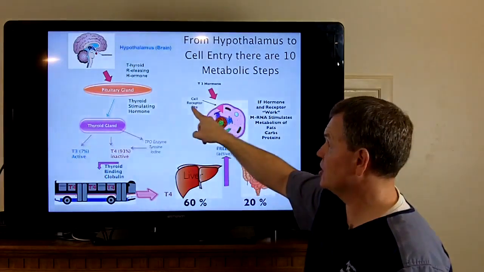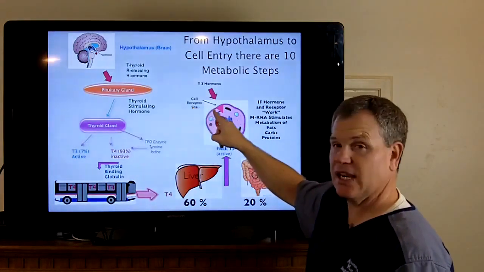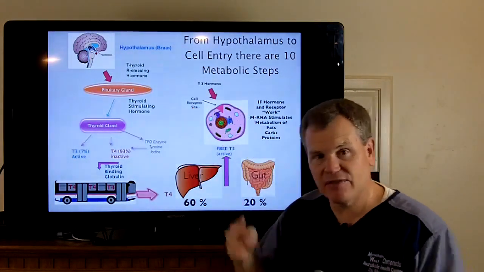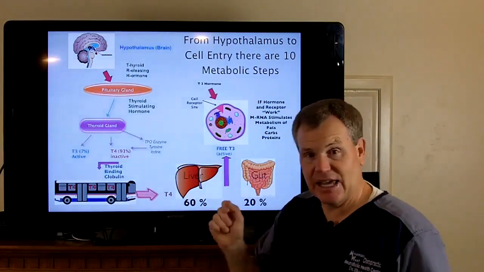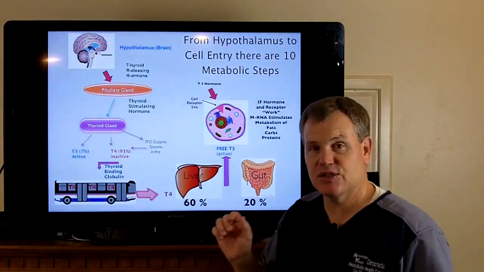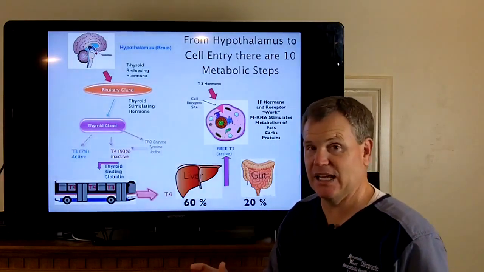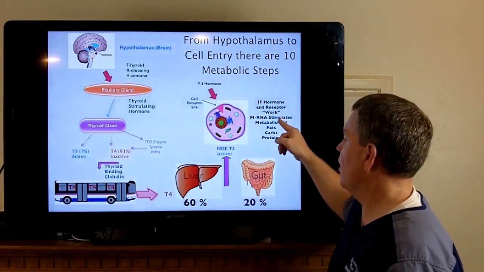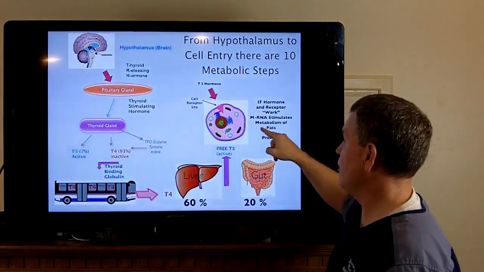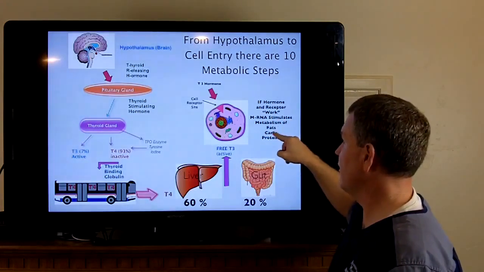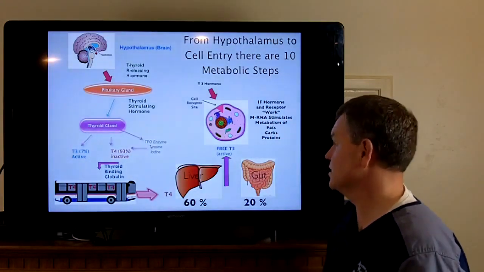We have to have a proper cell receptor site, as well as the hormone, and they have to fit properly. It's like a key and lock mechanism. It has to work exactly, otherwise it doesn't get in. The hormone allows for metabolism of fats, carbs, and proteins.